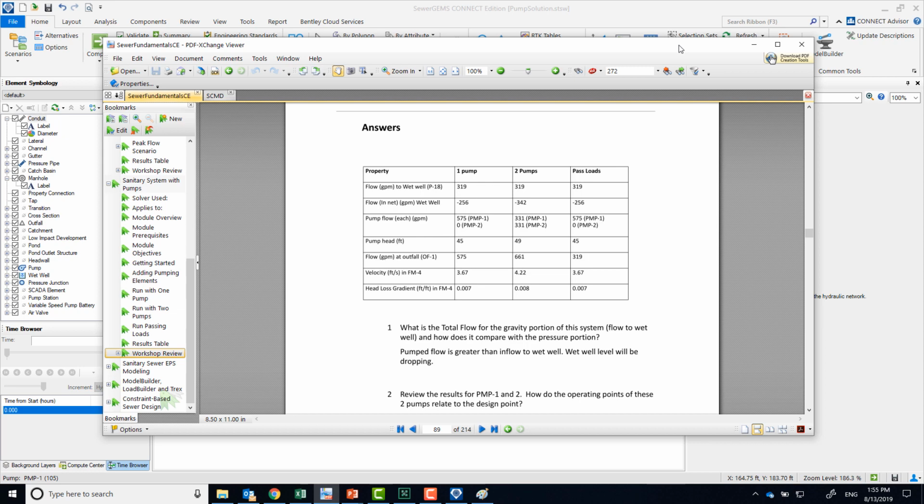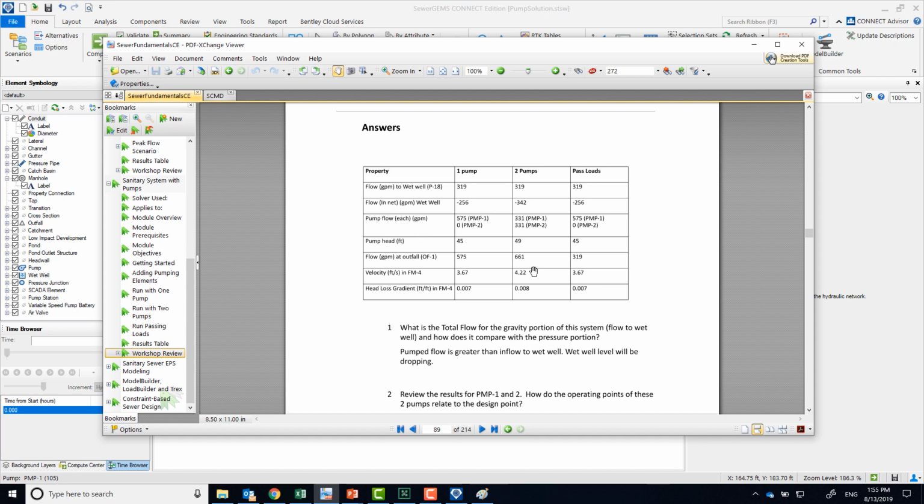And we can see that the operating point is actually getting further away from our design point. Remember, our design point was 1,000 gallons per minute and 30 feet. Now we're at 300 gallons per minute and almost 50 feet. So it looks even worse if you run the 2 pumps.